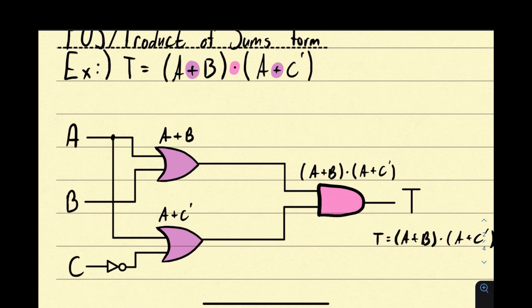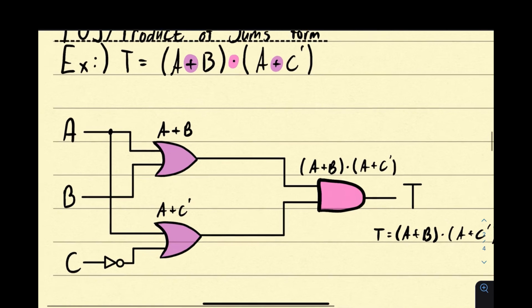So here I have 2 OR gates and an AND gate. OR gates, as said before, represent addition, and AND gates represent multiplication. So product of sums form is just reversed. Sum of products form is the sum of 2 products, and here you have the product of your 2 sum terms.